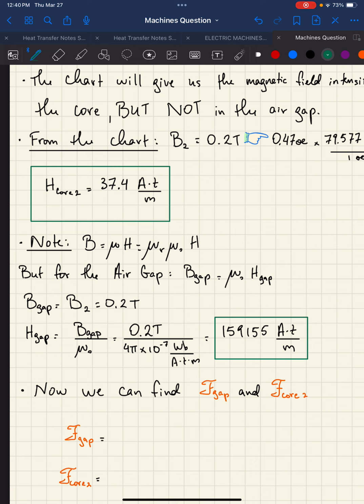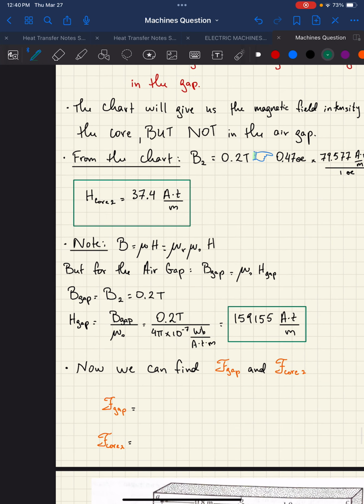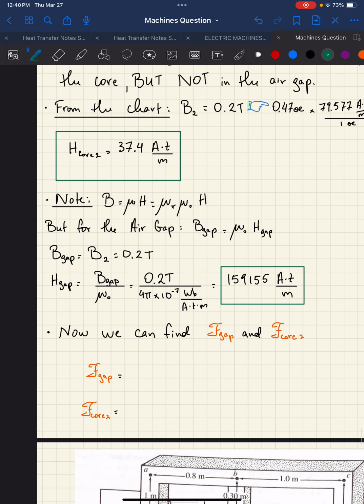Okay. So now that we have H core 2 and H gap, I can find the voltages F gap and F core 2. So F gap is basically H gap times L gap. H gap, we just found, was 159,155 amp turn per meter.